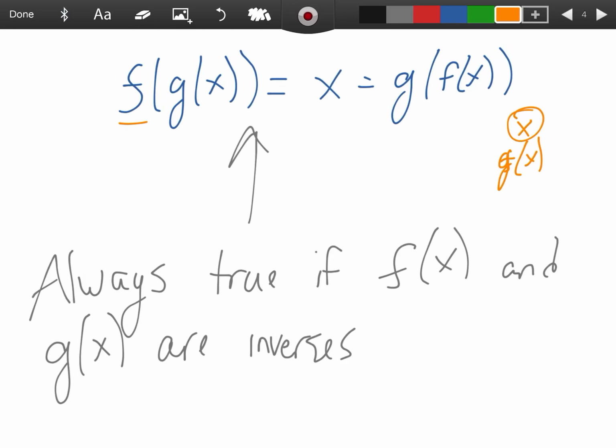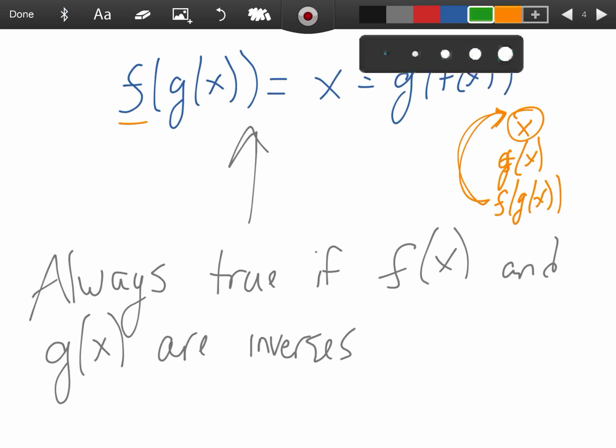Then you take g of x and plug it into f of x. And we said that f of x is going to undo g of x, so it's just going to bring us right back to our starting point, which was just x.